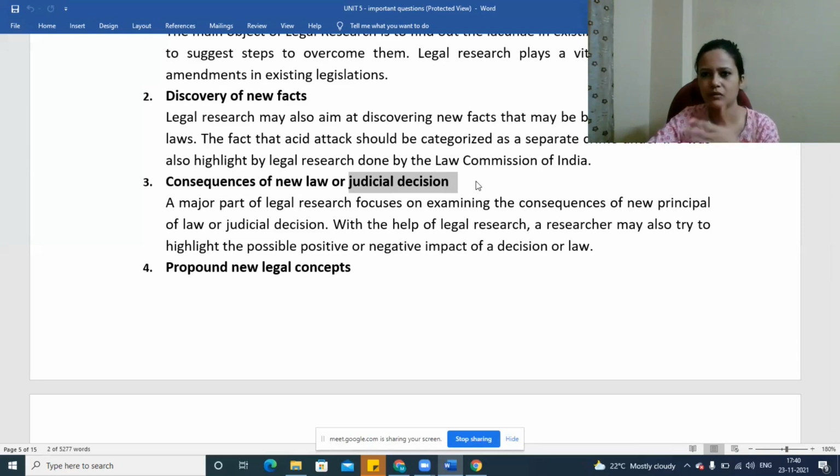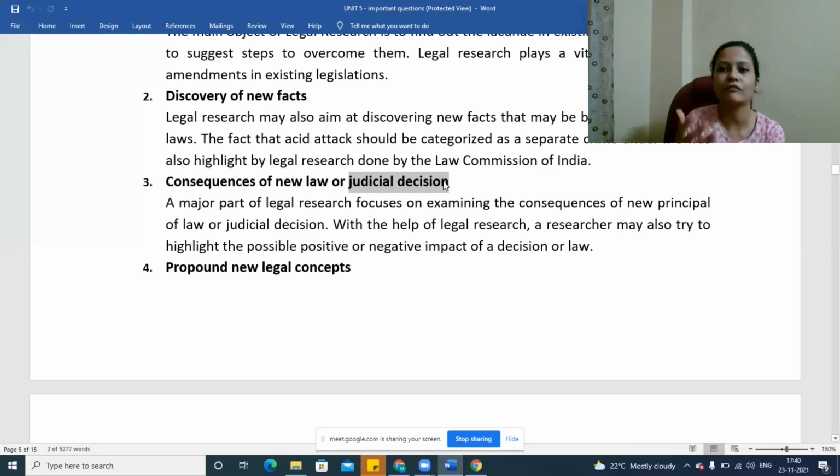Basically one model went somewhere for a haircut and hair treatment, but it was not done properly. She was not happy with the services, so she filed a case in consumer court and she was given 2 crores compensation. So someone can do research on that judicial decision.